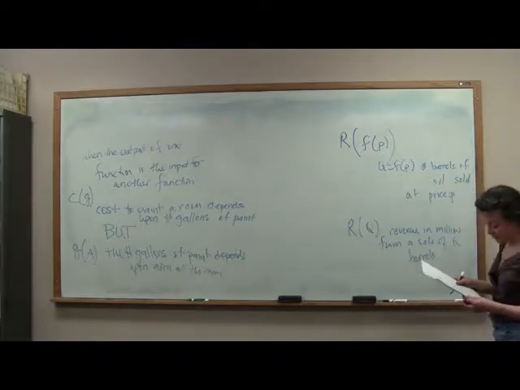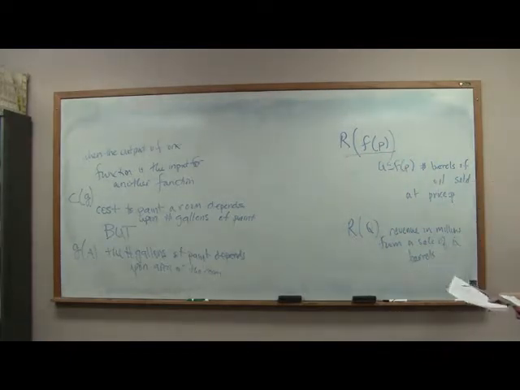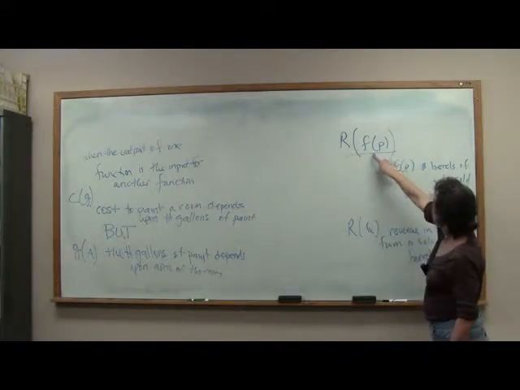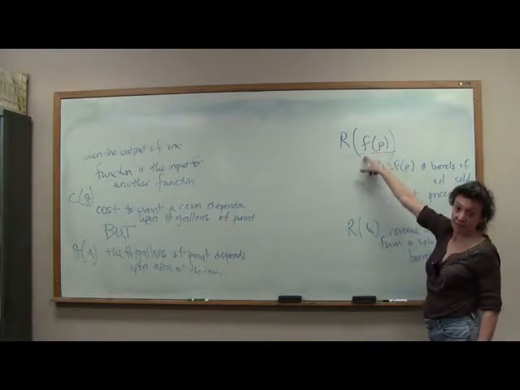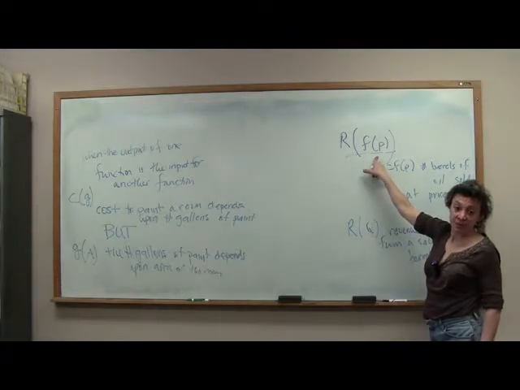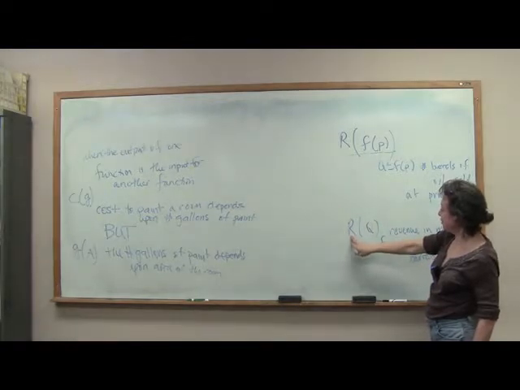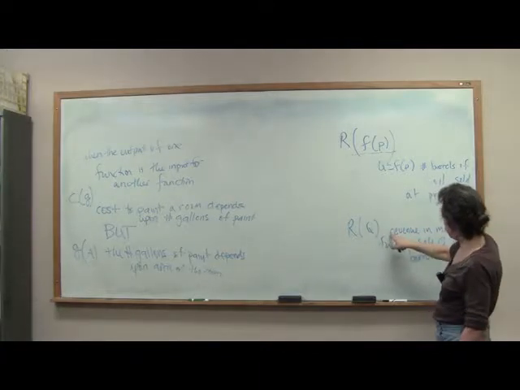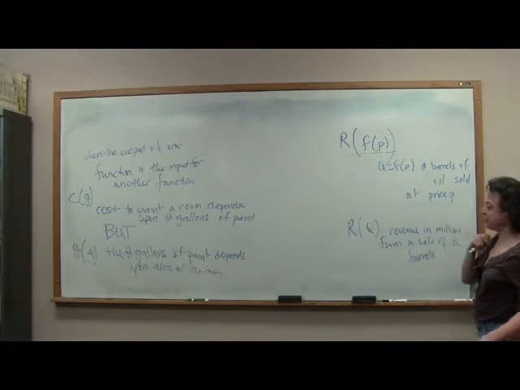And all they want us to do here is give the units and the meaning of this. So essentially what they're saying is that F of P is the number of barrels of oil sold at a price P, because certainly the number of barrels sold is going to be a function of the price. And then the revenue at F of P is the revenue when we sell those Q barrels.